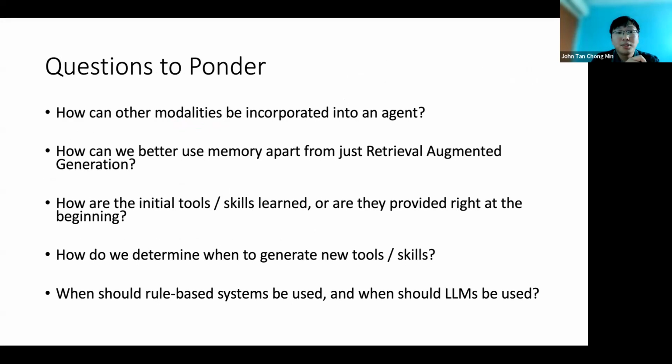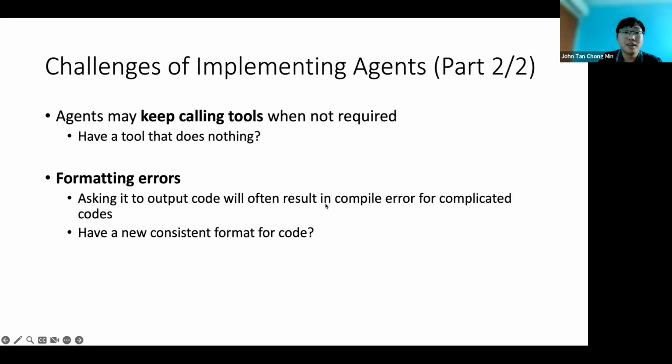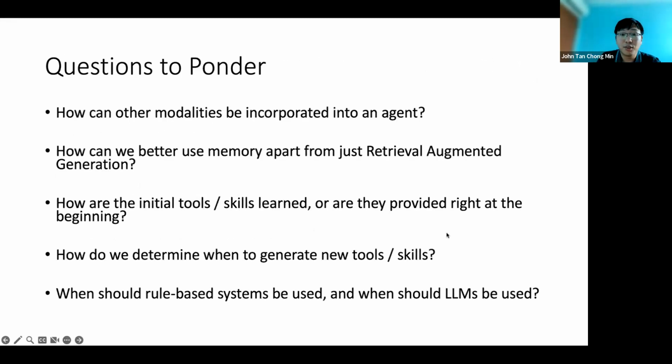But there are still problems with using agents at the moment, and most of it comes with when to use the tools and how to plan, because large language models don't plan that well. So how do we resolve all this? Once we resolve this, we will get a better agent. All these are some preliminaries about what agents are and what some of the challenges are. Hope it's been interesting for everyone.